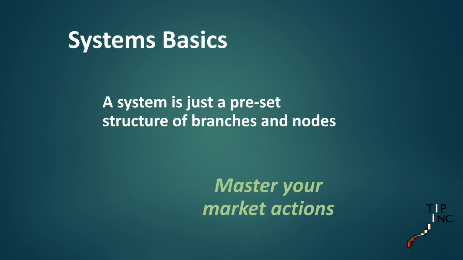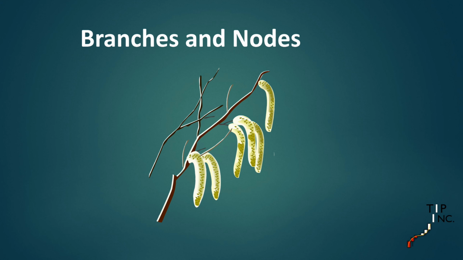A system is just a preset structure of branches and nodes. Okay? And think of just branches of a tree, right? They split off, and once they're set, that's how the tree grows.